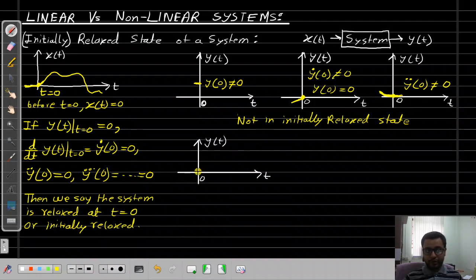Only if the output is 0, its derivative is 0 and second derivative is also 0, so it is not going to change its slope after a while. So if everything is 0, y of 0, y dot 0, y double dot 0, then it is initially relaxed.